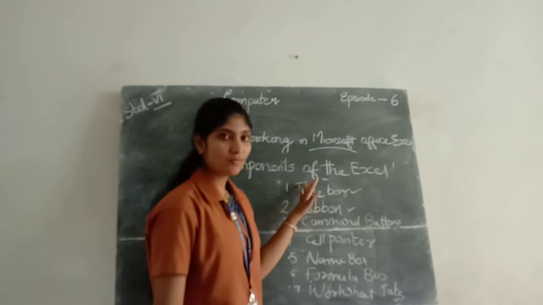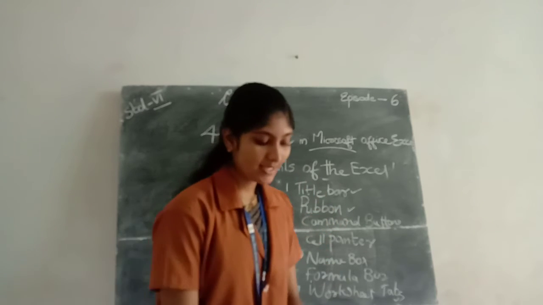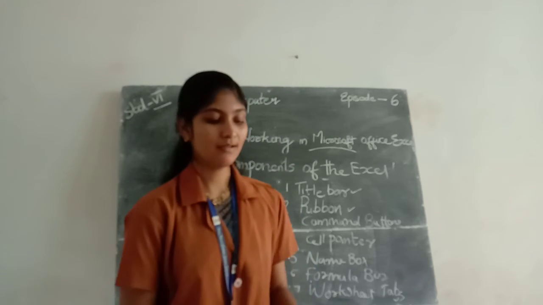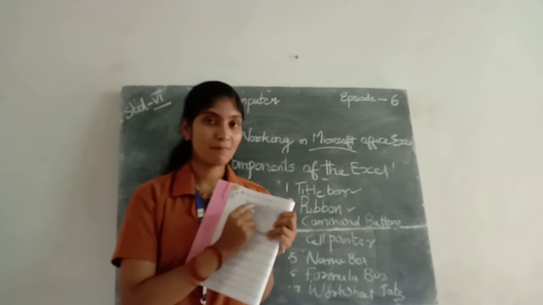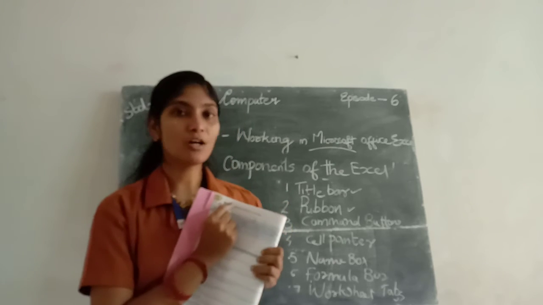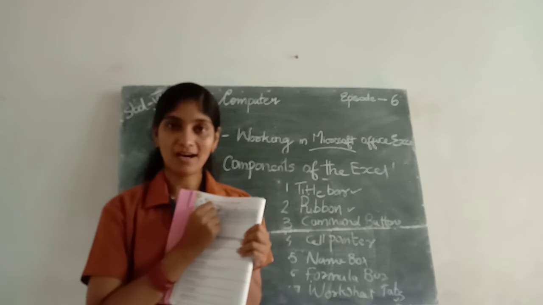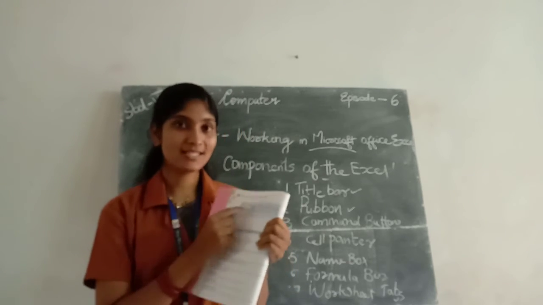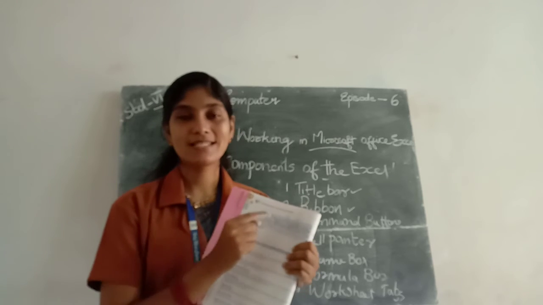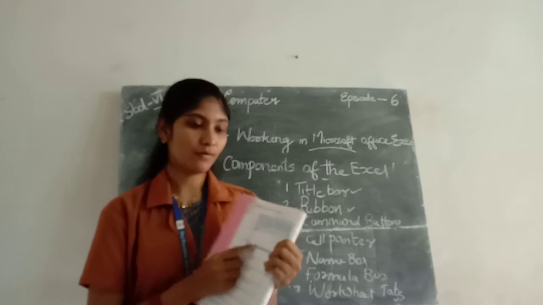So let's discuss one by one. First one is title bar. So you can see in this Excel worksheet, there is a bar present at the top of this worksheet. So there is a rectangular box or a bar. So we can say it is the title bar. Title bar displays the title of the worksheet.